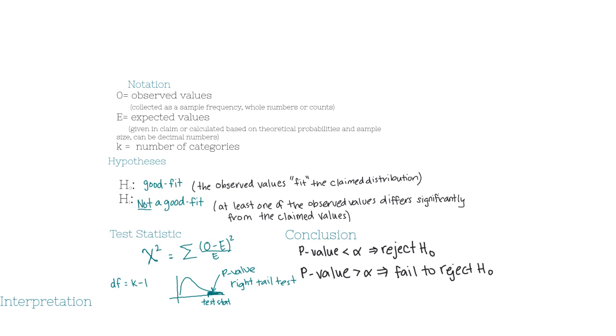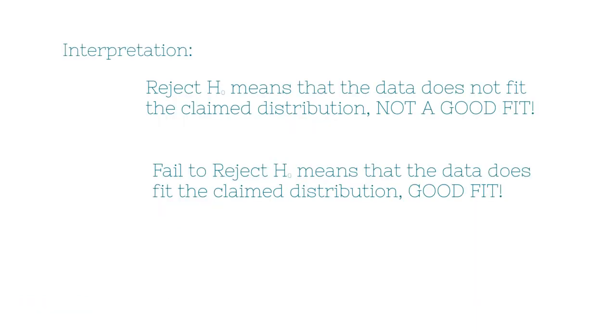So in other words, a fail to reject conclusion means that the data does fit the claimed distribution, and a rejection of the null hypothesis means that the data does not fit the claimed distribution. So you do not have a good fit. But by failing to reject the null hypothesis, you know that the data does fit the claimed distribution. So it is a good fit.